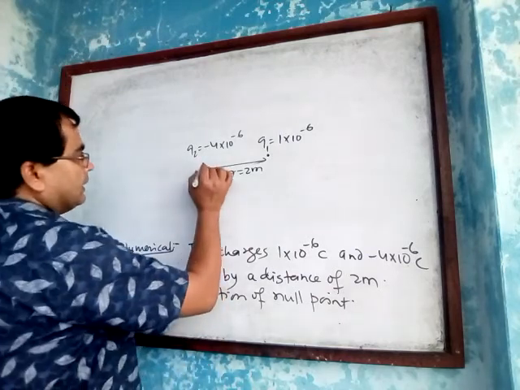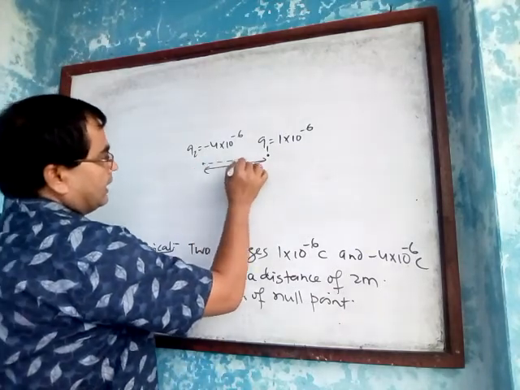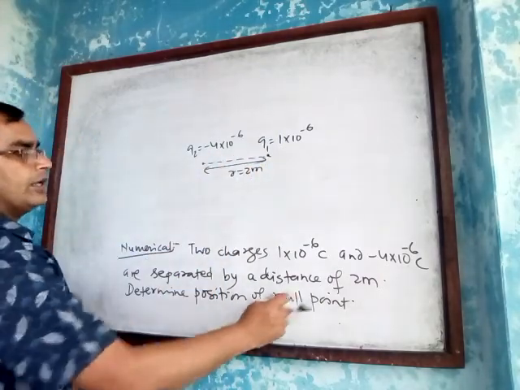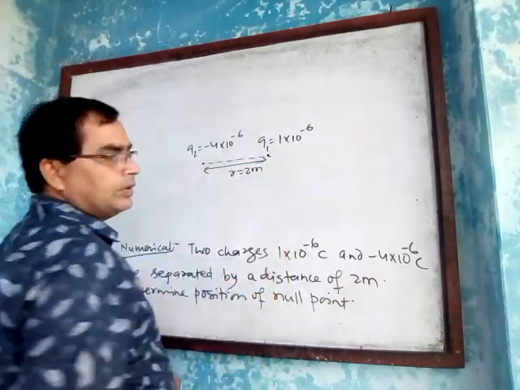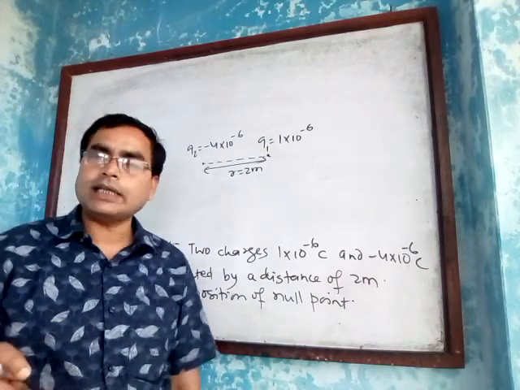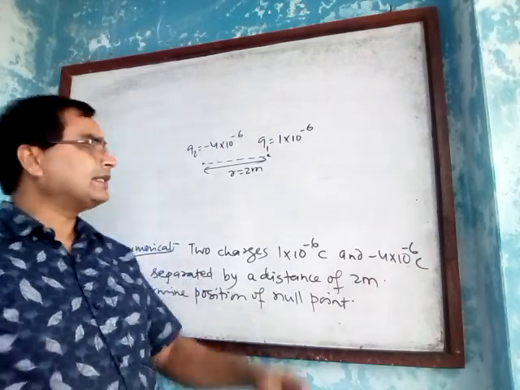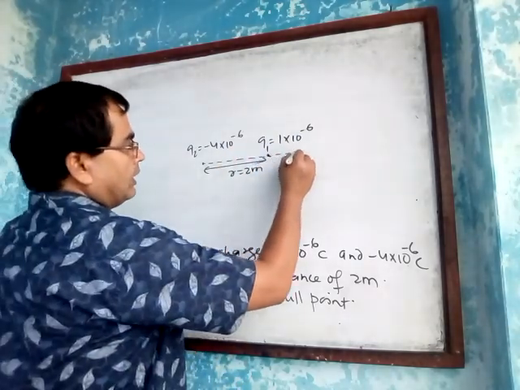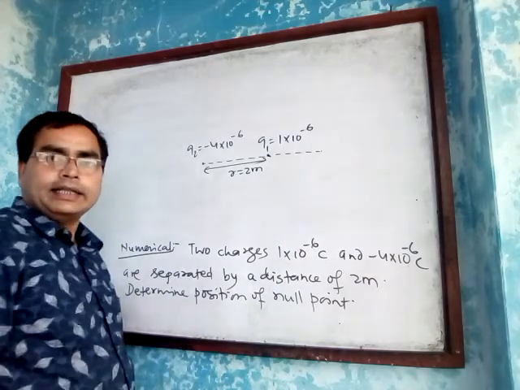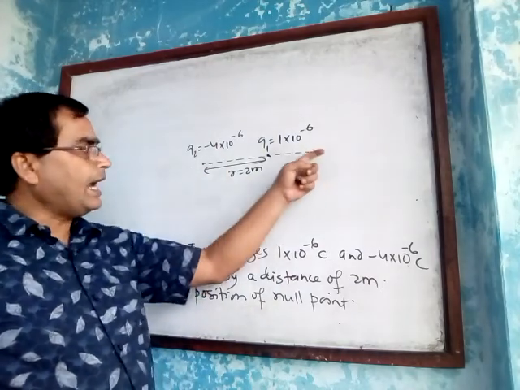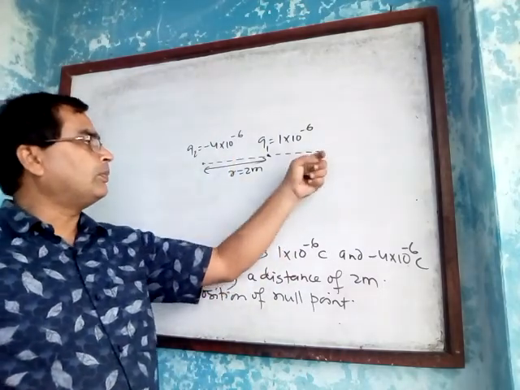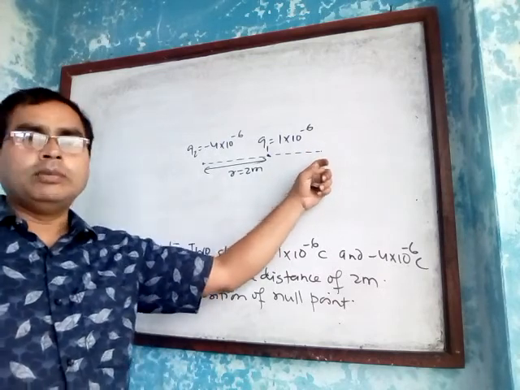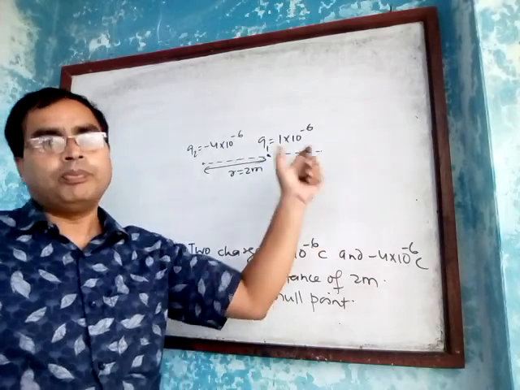So if these two charges are placed 2 meters apart, as already given, we have to place the third charge in the same line in such a way that the forces on the third charge will be equal and opposite.